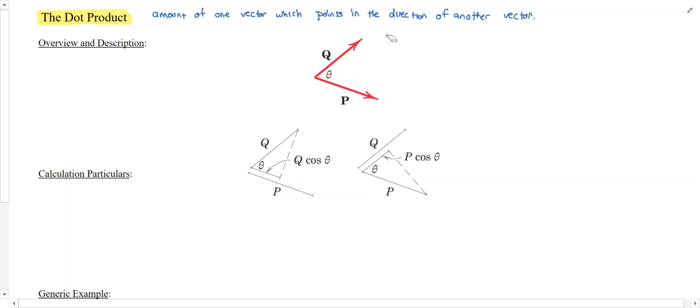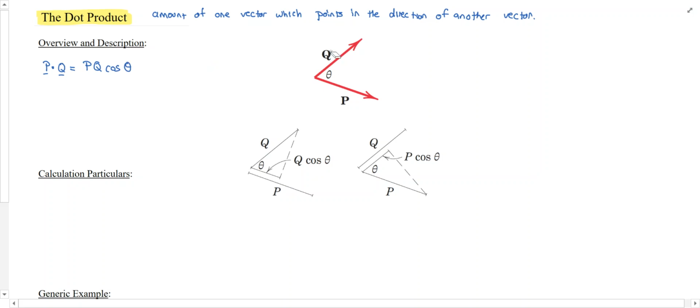And if you have two vectors, say P and Q, then the dot product between them, so P dot Q, is equal to the magnitude of P times the magnitude of Q times the cosine of the angle between them.